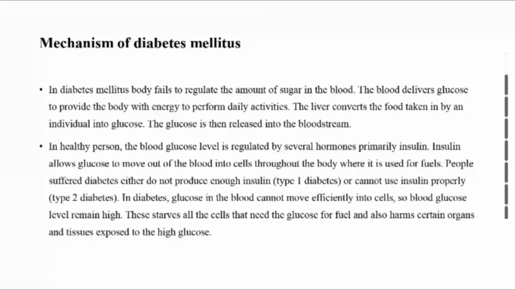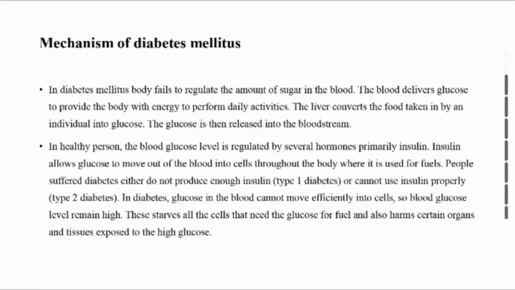So this blood is the one that is supposed to transport the glucose formed by the liver to the body tissues, where it acts as a fuel for the metabolic reactions that produce energy in the form of ATP, which helps in continuing the homeostatic reactions in the body.